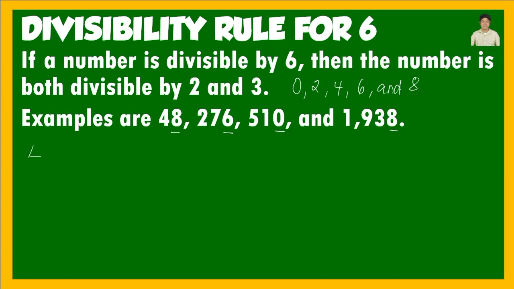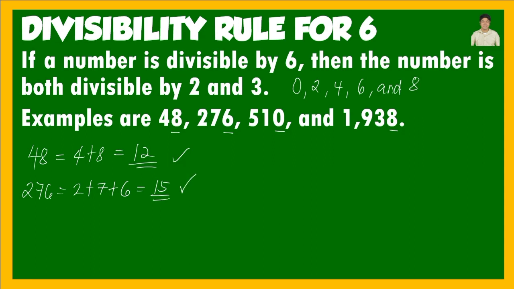So, 48. So, 4 plus 8. That is 12. And 12 is divisible by 3. Therefore, 48 is divisible by 6. 276. 2 plus 7, that is 9. Plus 6, we have 15. And 15 is divisible by 3.